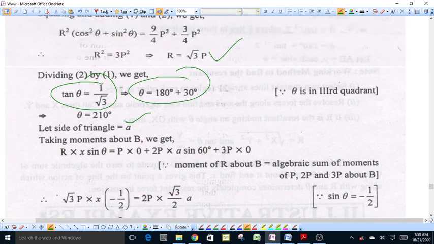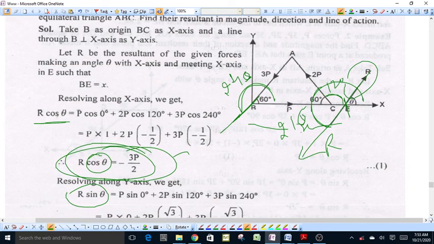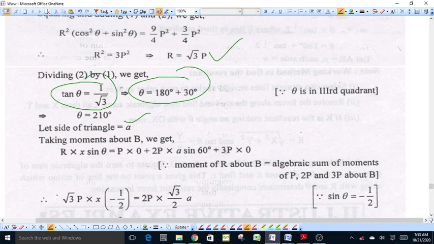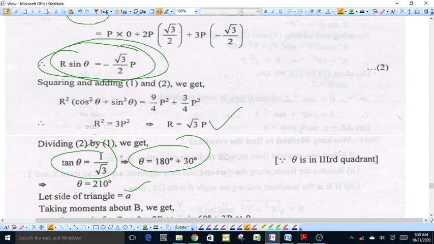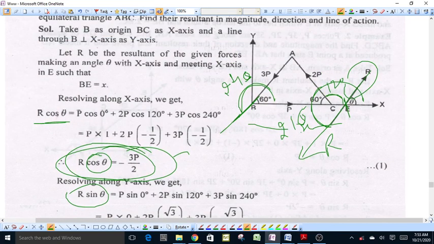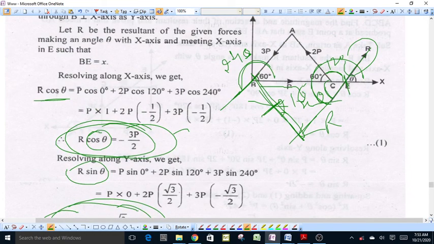Now to find x, that is, the distance of the point E where the resultant meets the x-axis from the point B, we take the moment about point B. The moment of R about B will be equal to R into the perpendicular distance, and this perpendicular is equal to x sin theta.